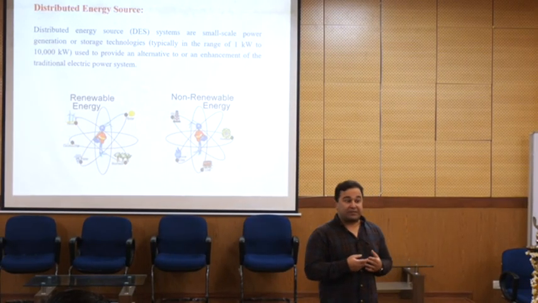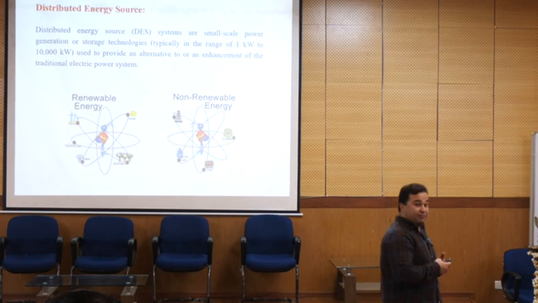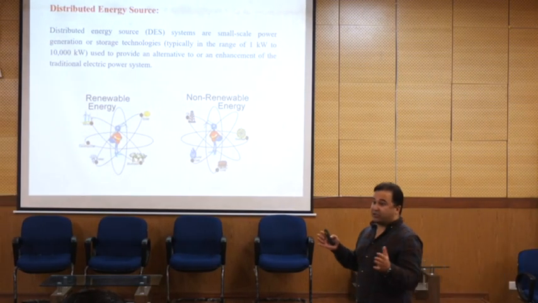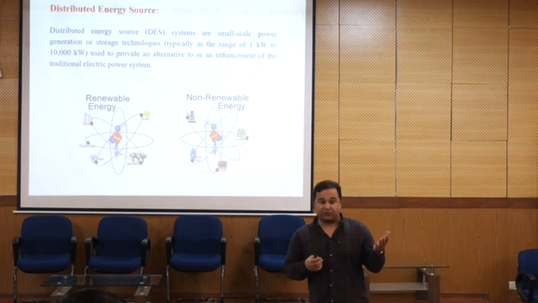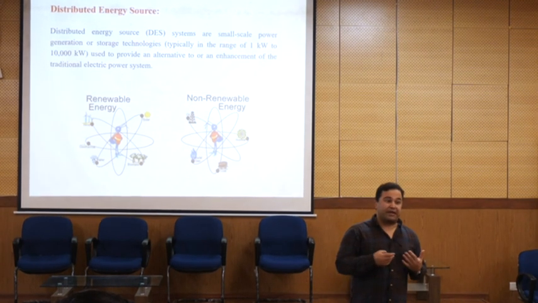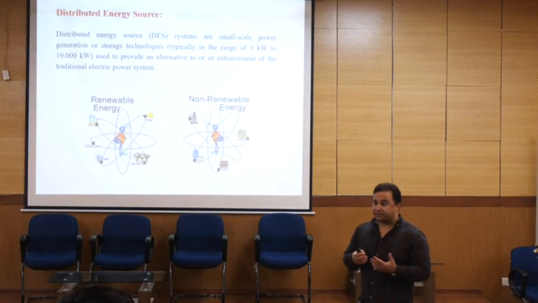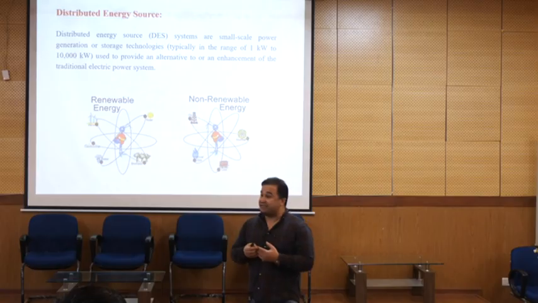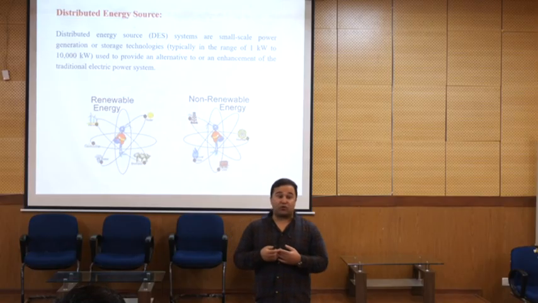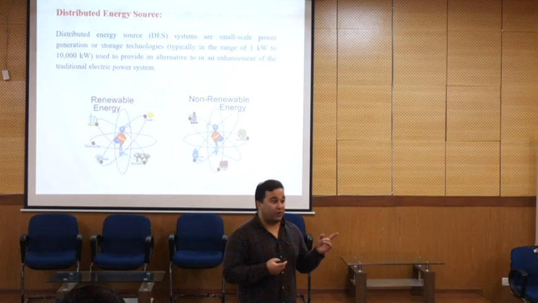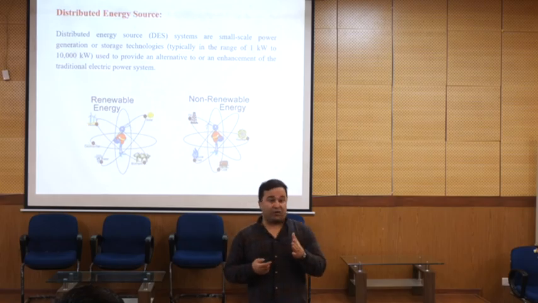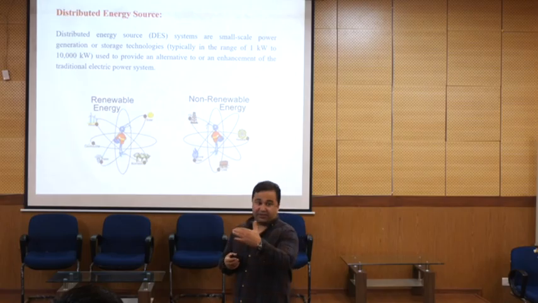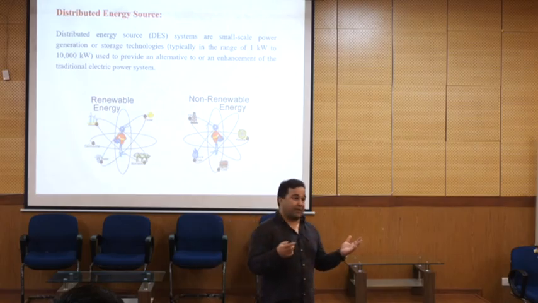But when we are talking about DG technology, it doesn't mean renewable only. If you have a diesel generator, it can provide electricity for your home, and then it can be considered a DG source. Basically, DG sources are defined as sources between 1 kilowatt up to 10 megawatt. After 10 megawatt, we consider it a power plant.